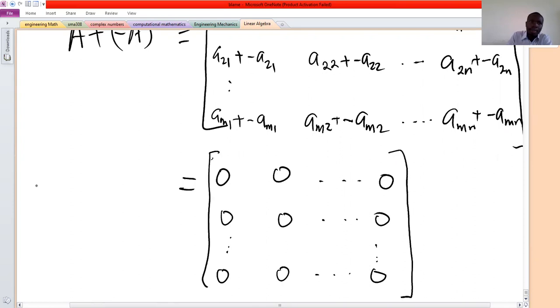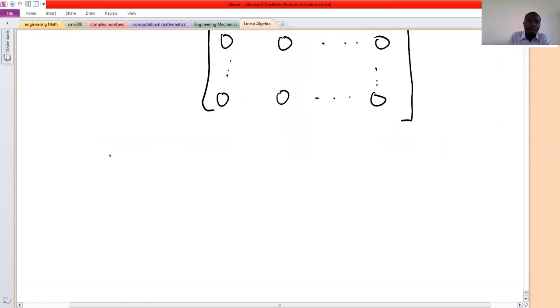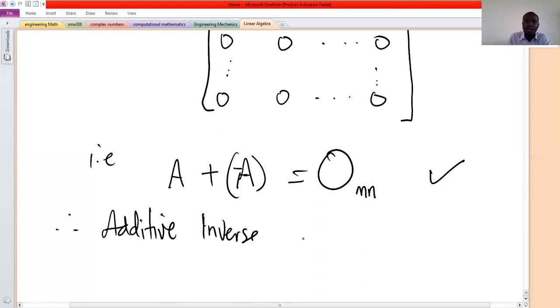So A plus minus A results in a matrix with all the elements zeros, i.e. A plus minus A is this zero matrix, and therefore the additive inverse exists on this set.